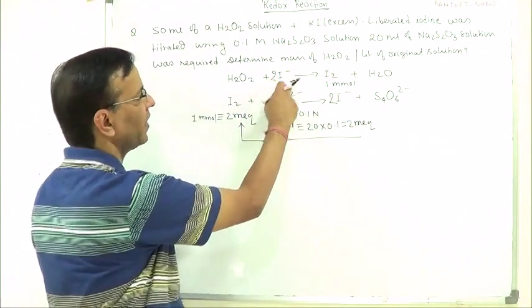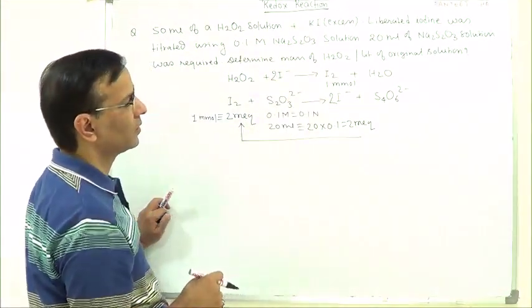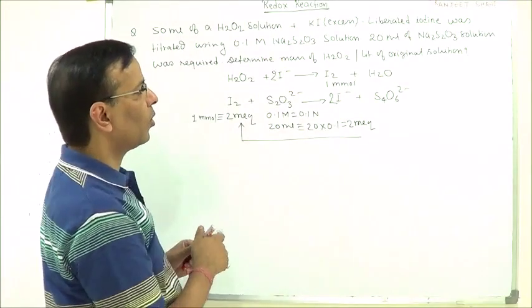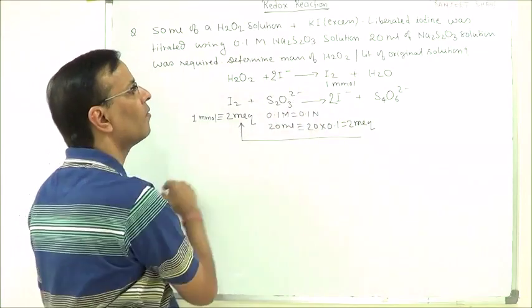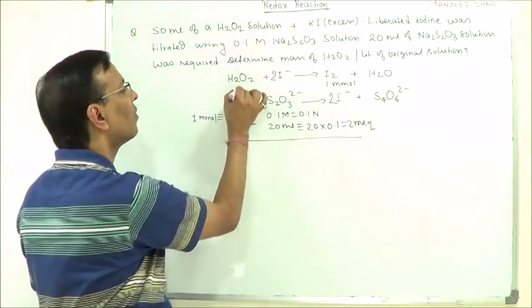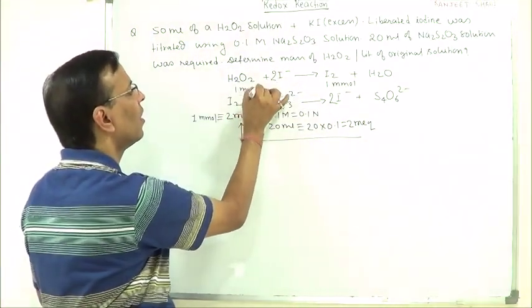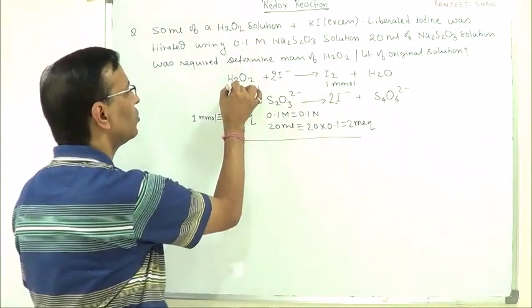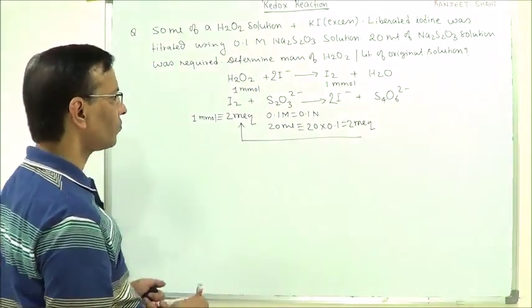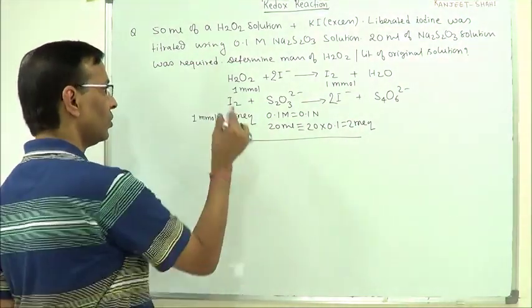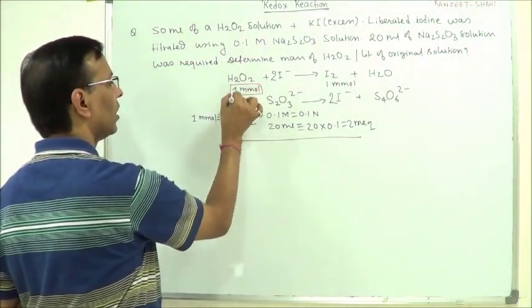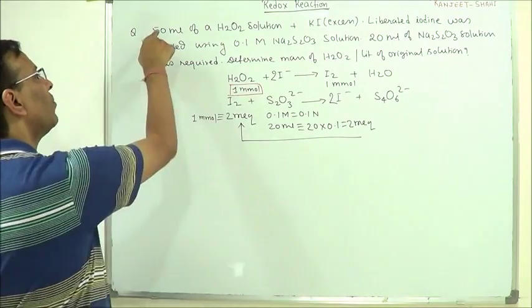And if 2 iodide react, 1 I2 will be formed. So 1 mole of iodine from 1 mole of H2O2. So 1 millimole of I2 will be formed from 1 millimole of H2O2. So now we have determined the millimole of H2O2, which is 1 in 50 ml.